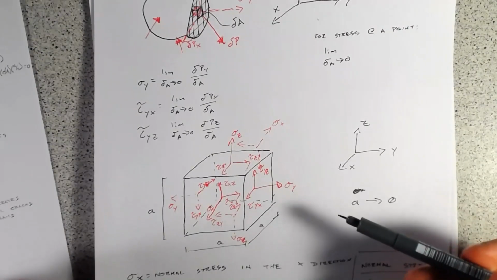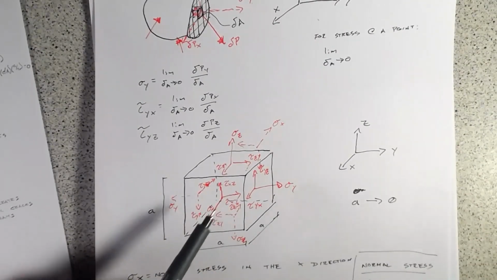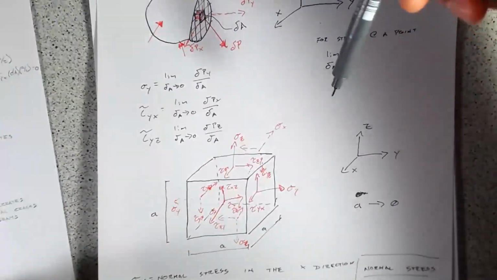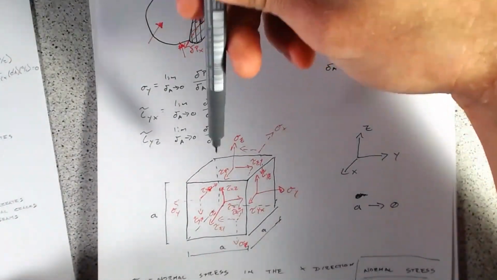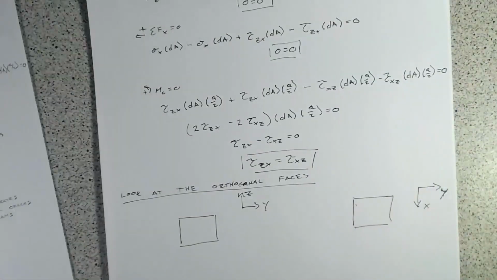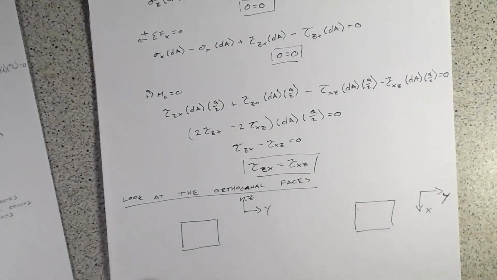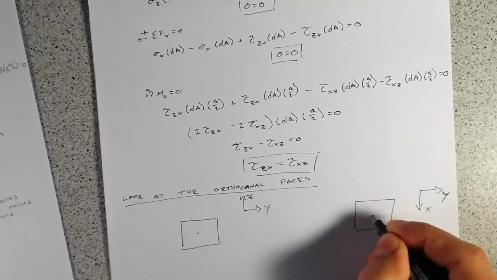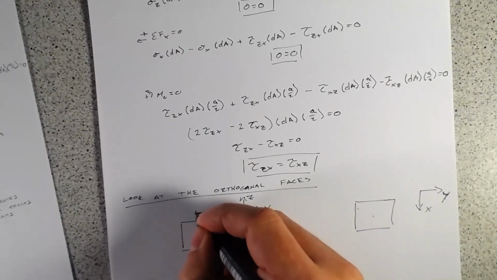Z and Y is looking in this direction, X and Y is looking down this direction onto the positive. And we'll just draw the free body diagram.